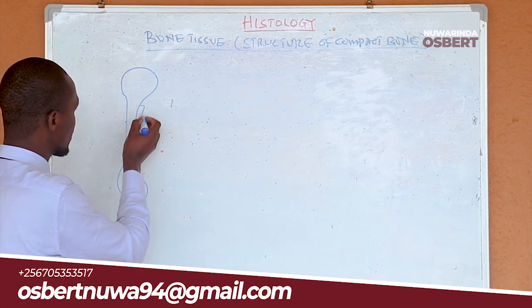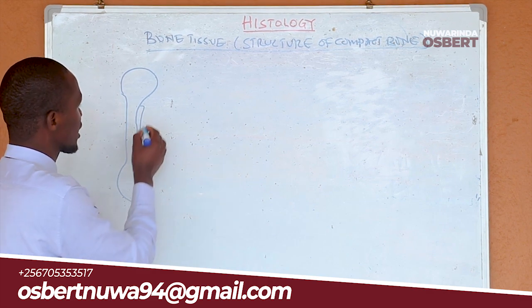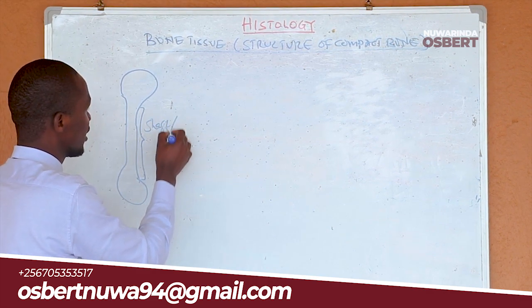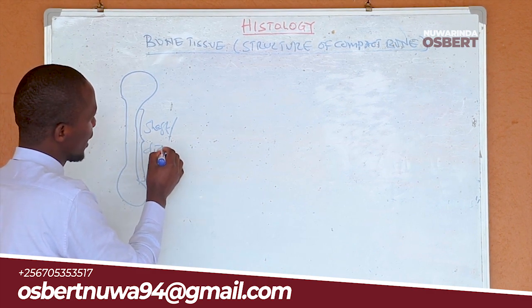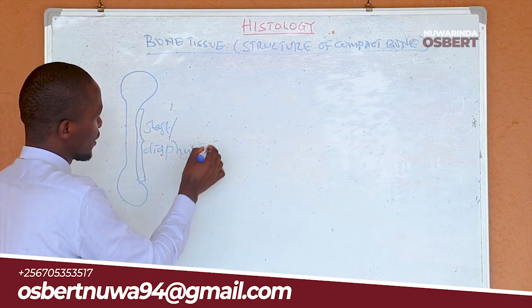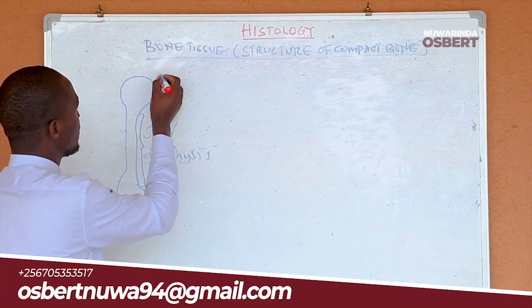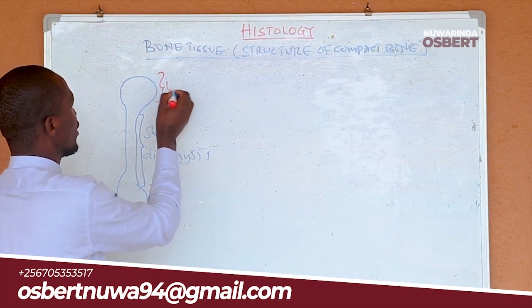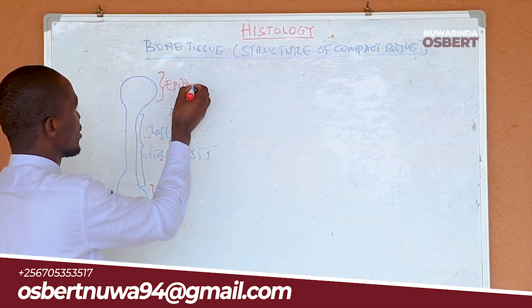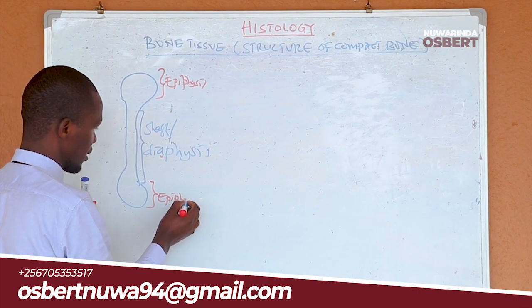The part which is in the middle, sometimes they call it a shaft, but it also has a special name, which is called diaphysis. Then the part at the extreme end, which is swollen, is called epiphysis. This is also called epiphysis.